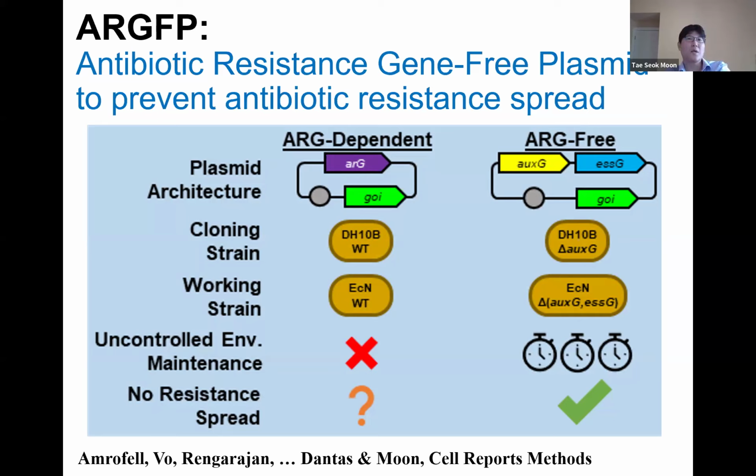One last thing I want to mention is what I call ARGFP. That is the antibiotic resistance gene-free plasmid system. I do believe many of you have made plasmids in your life. And I believe once you make the plasmid, you autoclave it or add bleach to kill the bacteria.